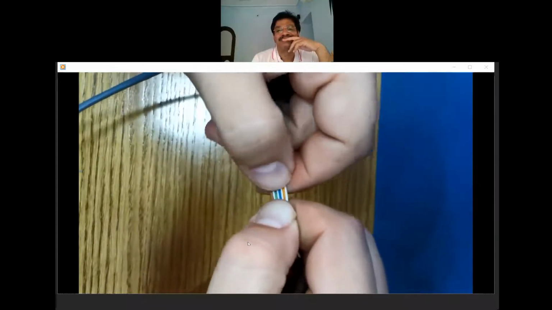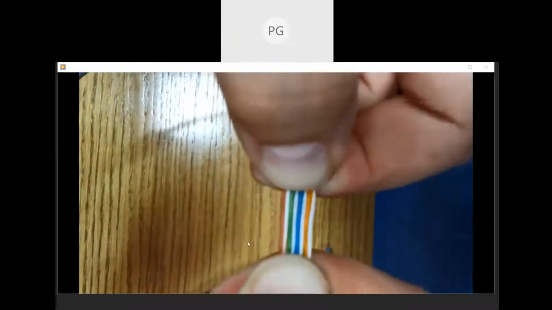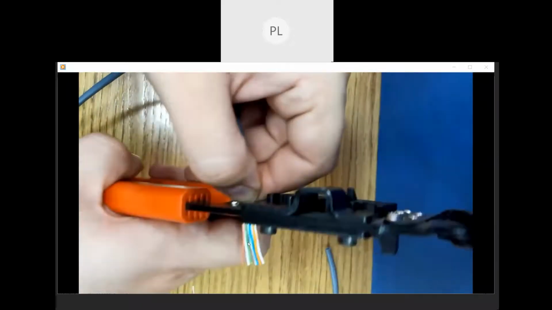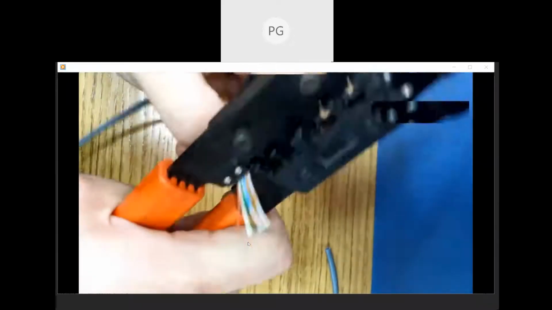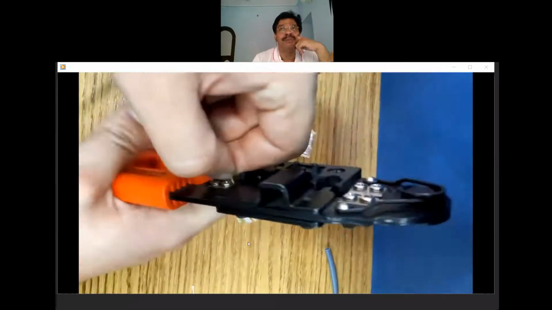Telecommunication Industry Association. EIA, Electronics Industry Association. And the standard that we are utilizing in India is the EIA 568B standard.